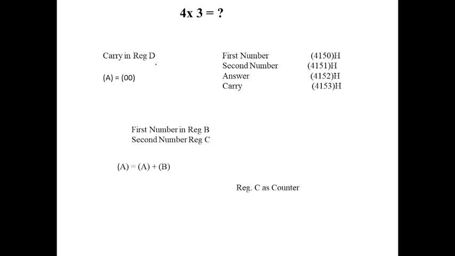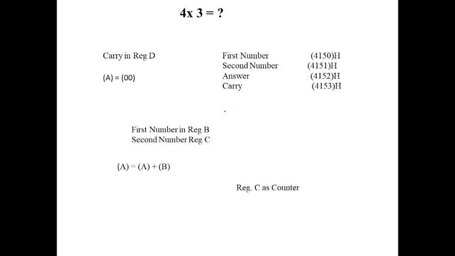Here we have selected register D to store carry. That means initially we have to initialize register D as 00. Here we have to multiply these two numbers by using addition, and addition operation is related with the accumulator. For that, let us first initialize the accumulator as 00. Then we have to initialize the HL pair by 4150H. That means now the HL pair is pointing towards the first number.